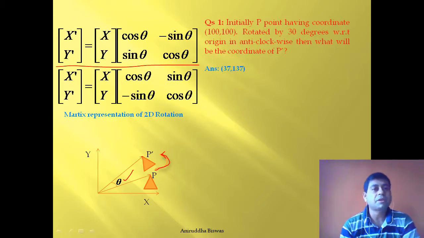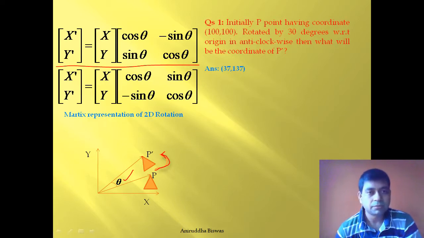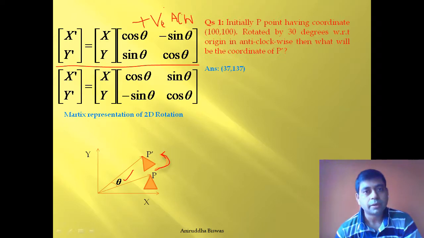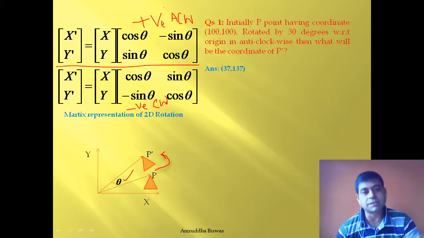And the matrix that we can interpret, this is the positive one, that means anti-clockwise, ACW. And this is the matrix for clockwise, so you can say -1. Fine. So these are the two matrix representations of this rotation.